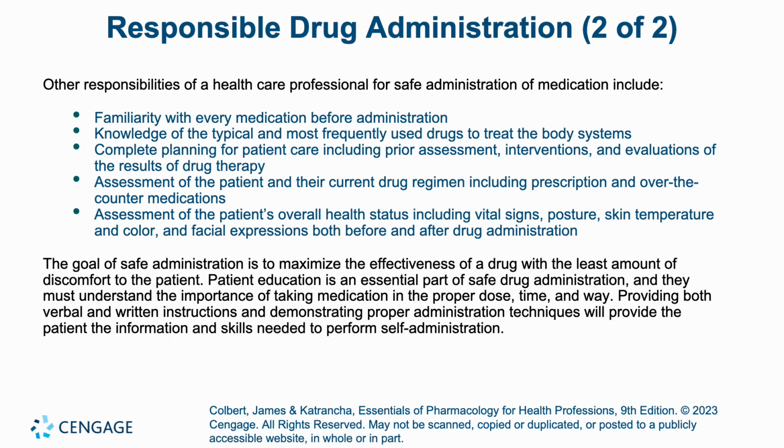Other responsibilities of a healthcare professional for safe administration of medication include familiarity with every medication before administration, knowledge of the typical and most frequently used drugs to treat the body systems. So with this one, there are usually something that we call first-line drugs.